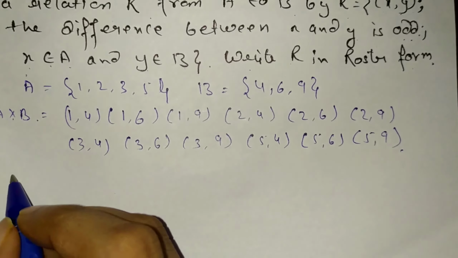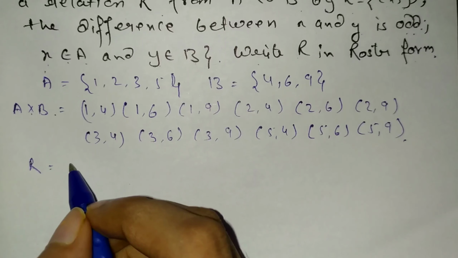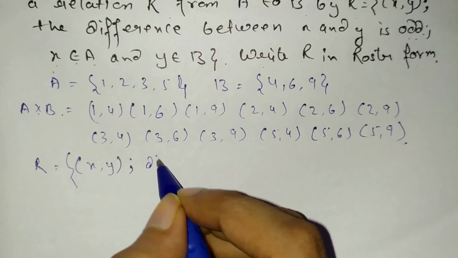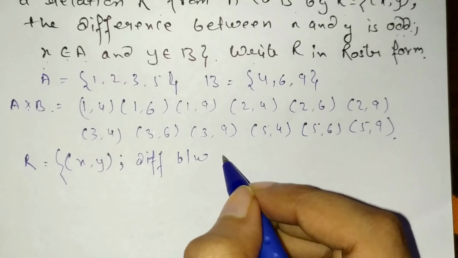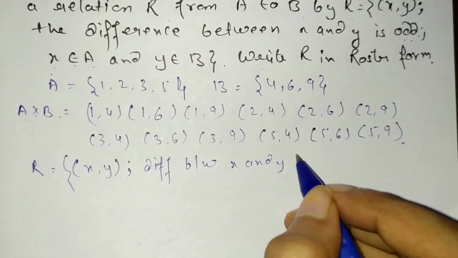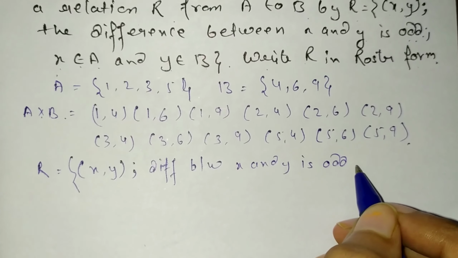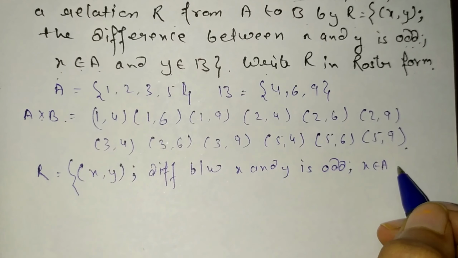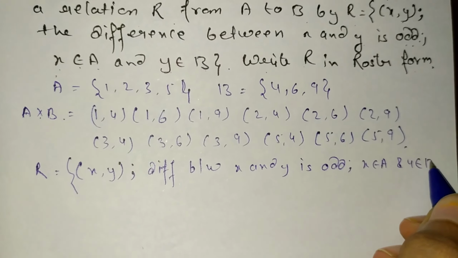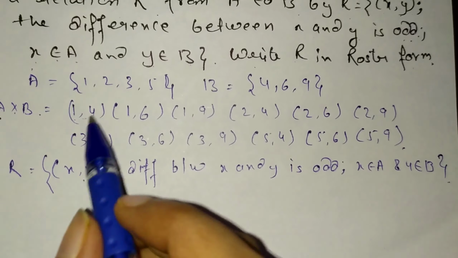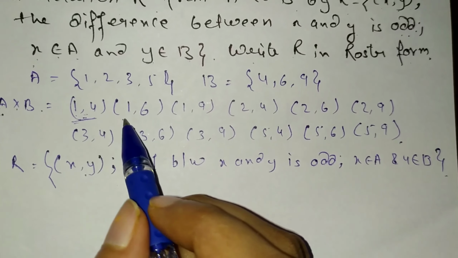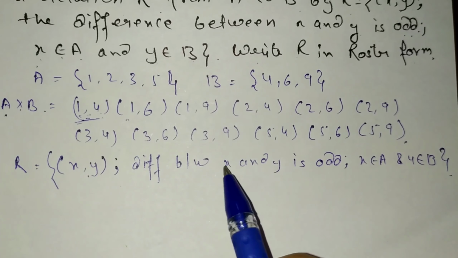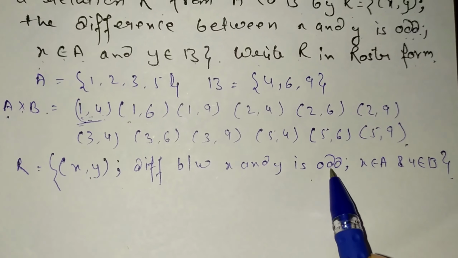Now we have relation R where we have two values x and y and the difference between x and y is odd, where x belongs to set A and y belongs to set B. Now let's find the relation or the product where the difference between x and y is odd.